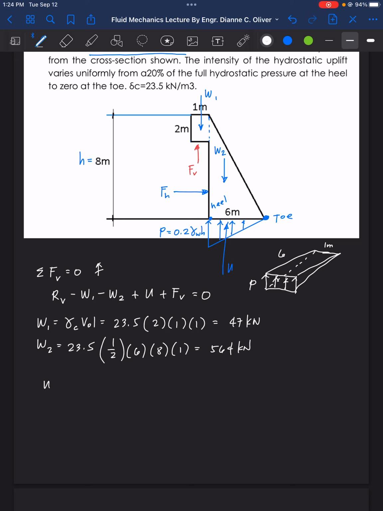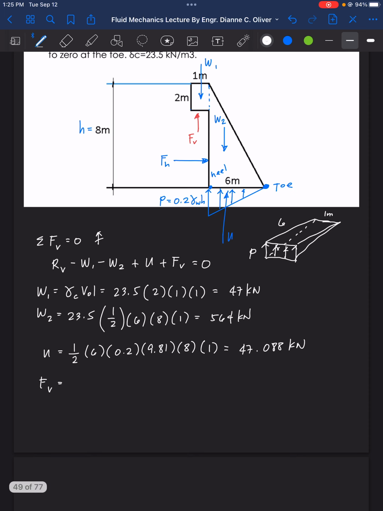So uplift force is equal to 1/2 base times height, that is the P, 0.2 times 9.81 times 8, then the 1 meter width, that is 47.088 kilonewton.